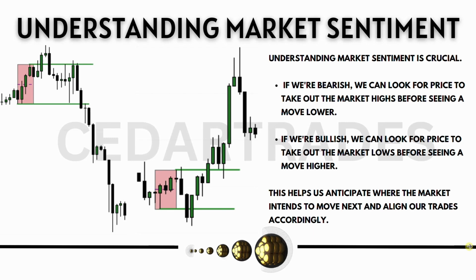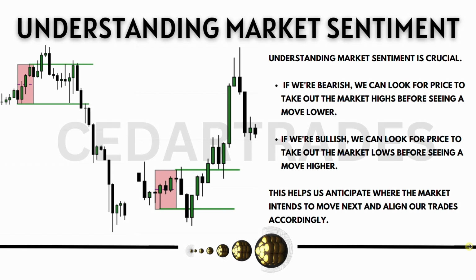But in this scenario, if we are bearish, we can look for price to take out the highs before seeing a move lower, and this may be known as turtle soup. We are turtle-souping the Asian highs to go and take the Asian low. And you only look for this when you are bearish.